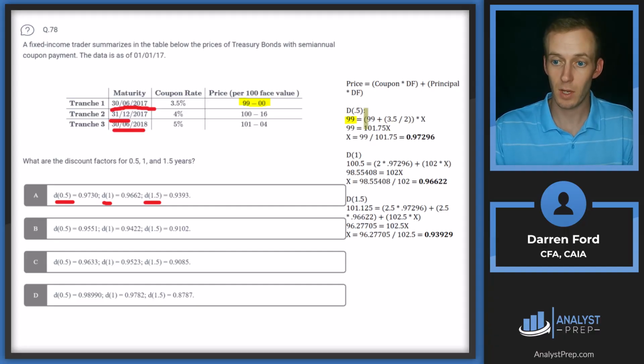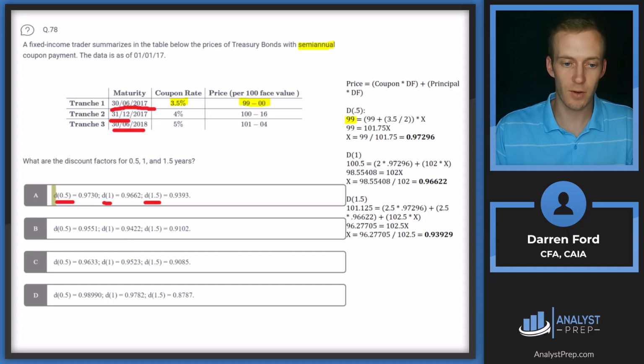So it's basically 99 = 100x plus 3.5 divided by 2 times x, since we've got a coupon rate of 3.5%. And then we're dividing that by 2 because, where does it say? Right here, semi-annual. So that gives us 99 equals 101.75x, and we solve for x here, we get 0.97296.